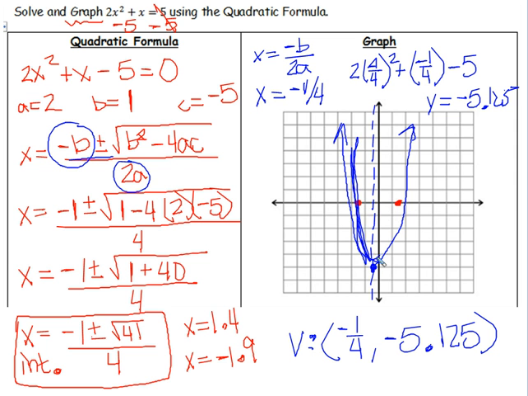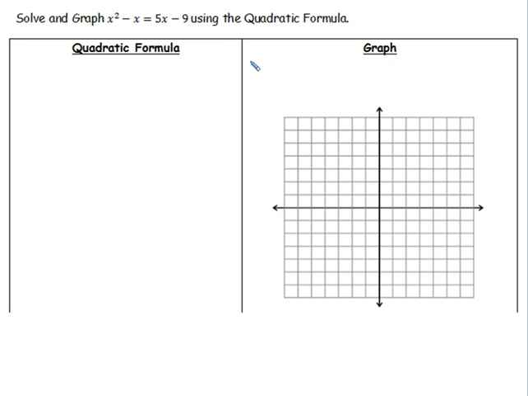It should look something like that, but there's our graph. So another way we can solve these quadratic equations is using the quadratic formula. And just like all the other graphs we've done so far in this quadratic section, it always looks like a U, or a parabola. Let's check out our next one.